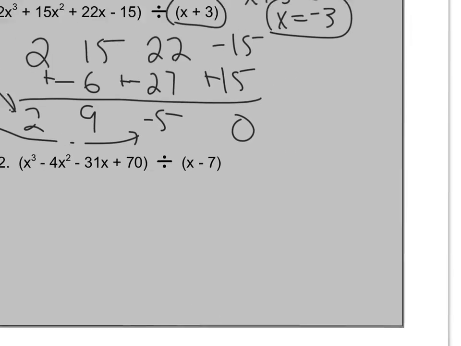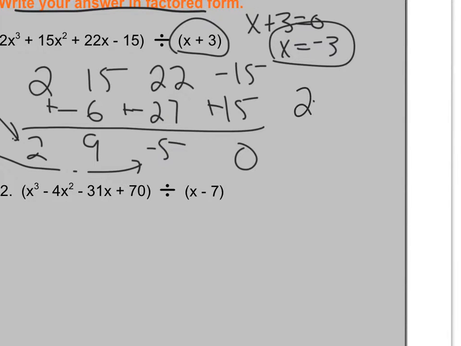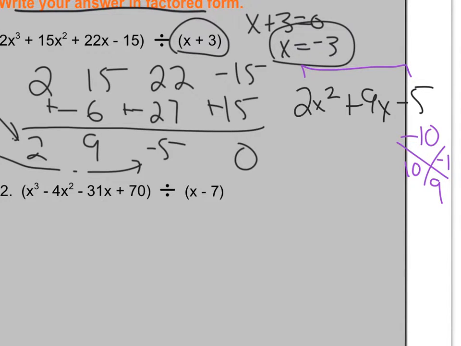So now I'm left with 2x squared plus 9x minus 5. So now I've got to factor this. I'm going to take 2 times negative 5. What multiplies to negative 10 and adds up to 9? Well, 10 and negative 1. So I want to rewrite this as 2x squared plus 10x minus x minus 5.